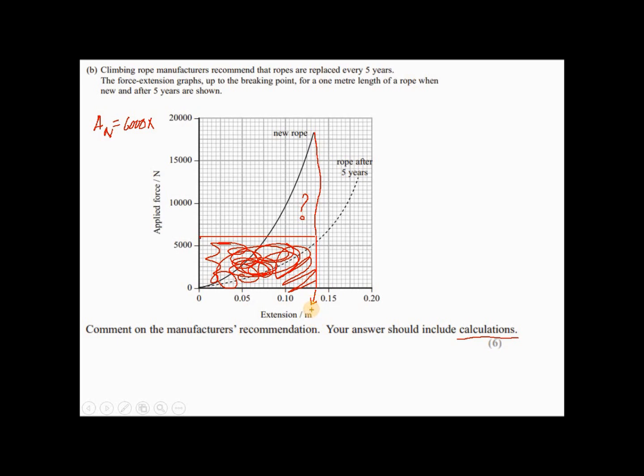It's better to write 0.135. So you multiply 6,000 by 0.135 and the area under this graph is 810 joule. Similarly, you can find the area of the old graph. Let me just clean. So remember this number, 810.